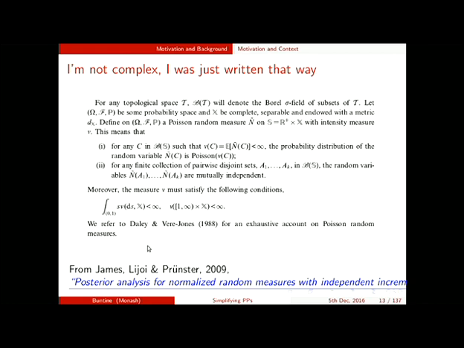This is a quote from Lancelot James. This is how they introduce a Poisson process. We're going to do it a different way, so we'll not be looking at Borel sigma fields and such. I don't think they're necessary. But ploughing through this stuff is one of those things you're presented with if you want to understand some of the good theory.